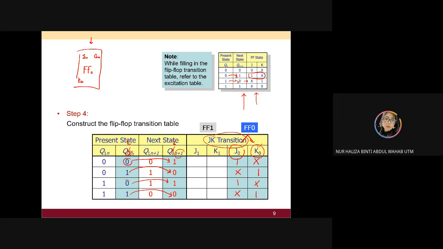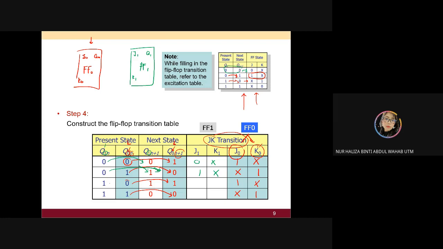And then you're going to look into your flip-flop number 2. FF1, J1, K1, Q1. So you're going to look into your present Q1 and your next state Q1. From 0 to 0, what is the value? You're going to have 0x. And then from 0 to 1, you're going to have 1x.